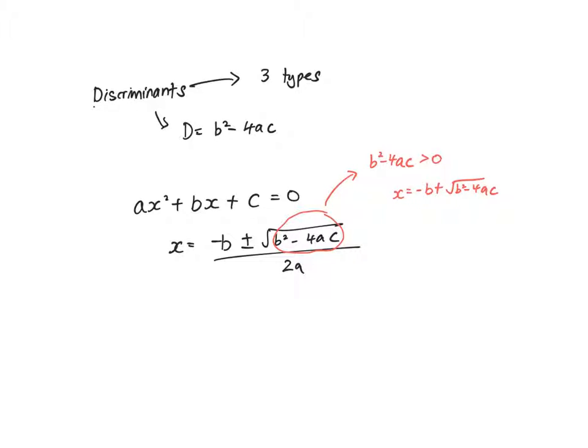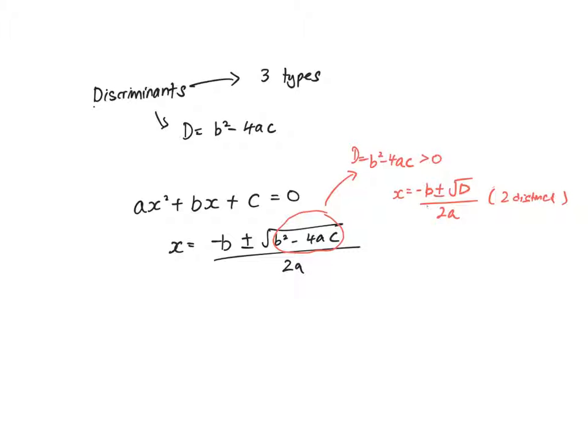Let's just call it d, the discriminant. So x equals negative b plus minus square root d, over 2a. This will give you 2 distinct or 2 different answers.